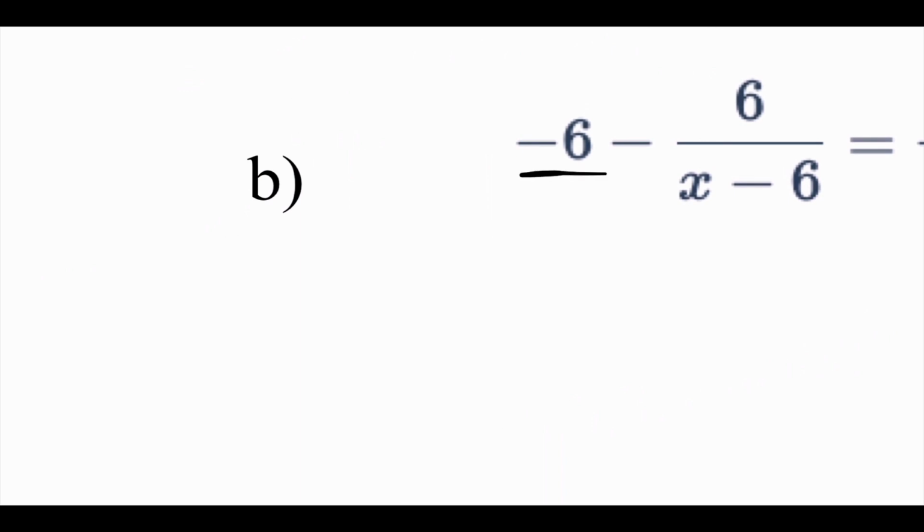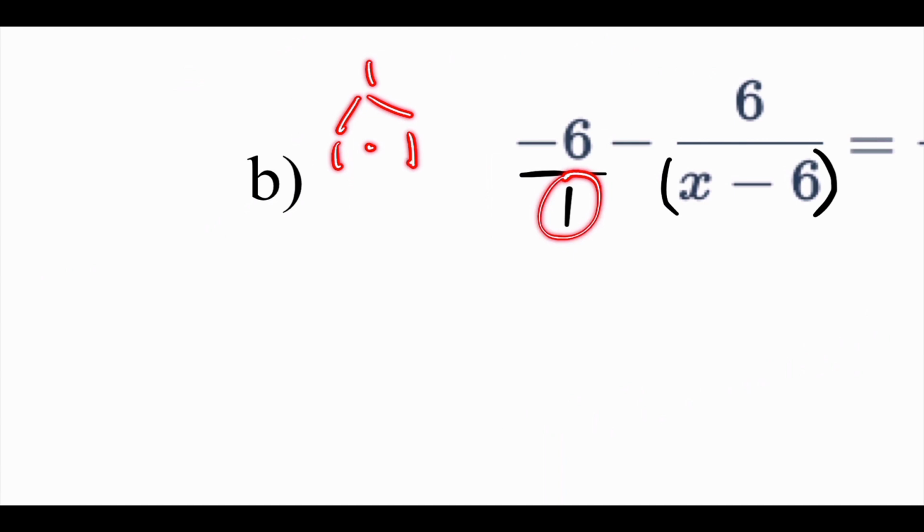Okay, so -6 doesn't have a bottom, so the bottom's always 1, right? Same thing. We have a 1 on the bottom, and I have an x minus 6 on the bottom. They're both factored, right? 1 can only be 1.